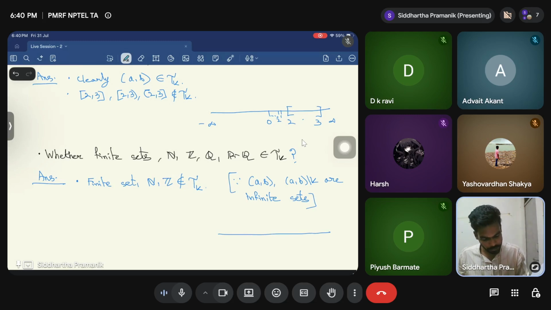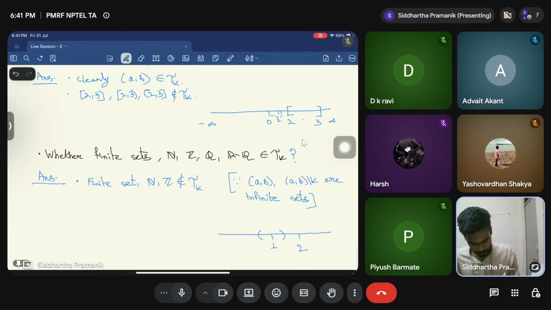If you look at this real line, take the points 1 and 2, and take an interval around such a point, can this interval be inside N? This cannot be inside N, right? Even if you subtract k from this set, it cannot be inside N. Now what about rationals and irrationals?